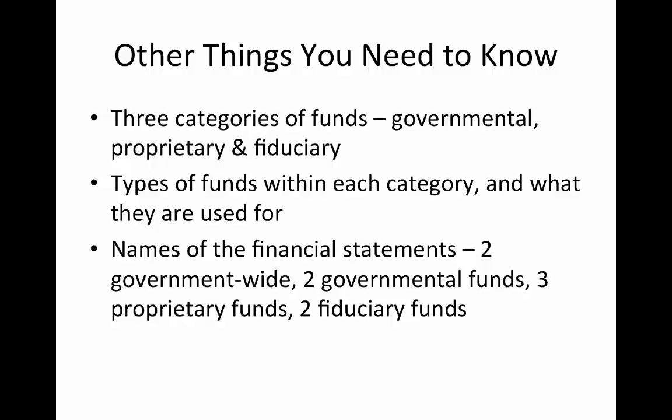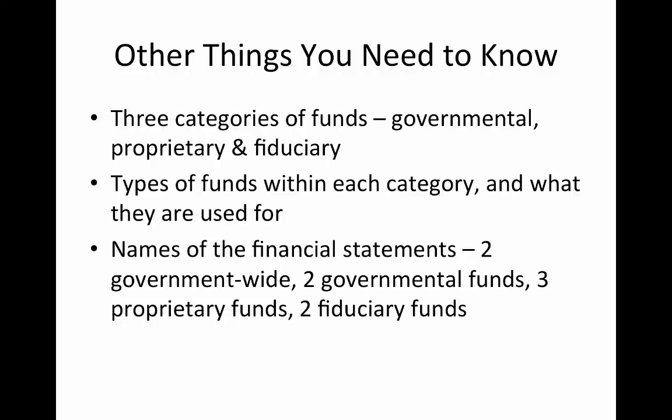You also need to know what the names of the financial statements are: the government-wide statement of net position and statement of activities, the governmental funds balance sheet and statement of revenues, expenditures, and changes in fund balance, the proprietary fund statement of net position, statement of revenues, expenses, and changes in fund net position and cash flow statement, and then the fiduciary fund financial statements, the statement of fiduciary net position and the statement of changes in fiduciary net position.